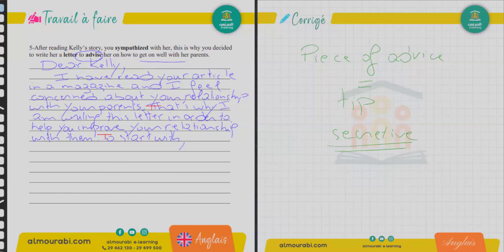To start with, communicate with each other and respect opinions. Where is the subject? You said communicate directly, a verb. This is a sentence that's missing a subject.